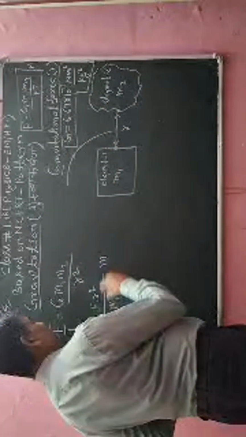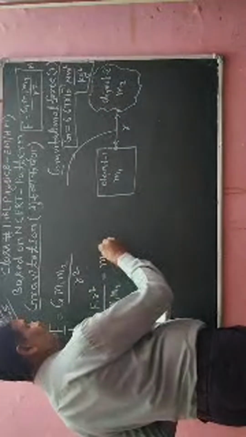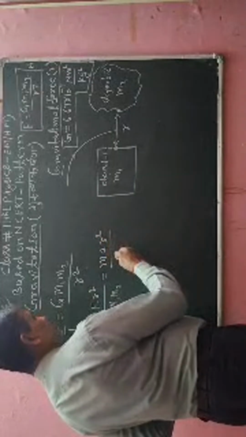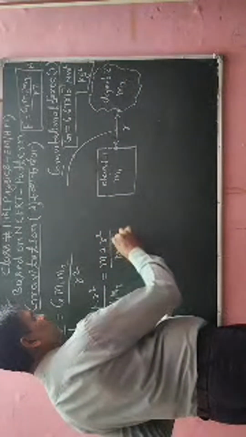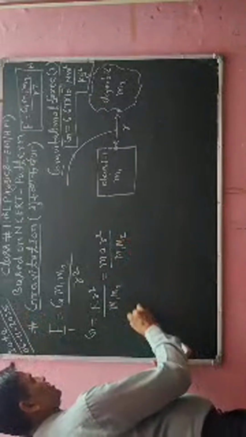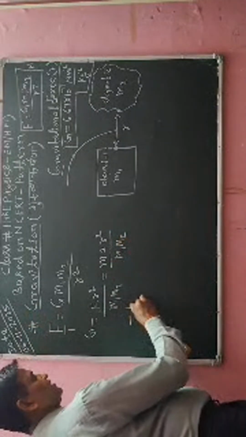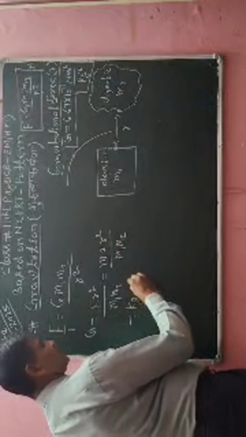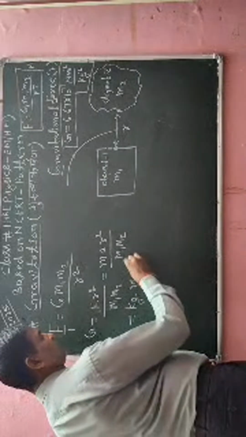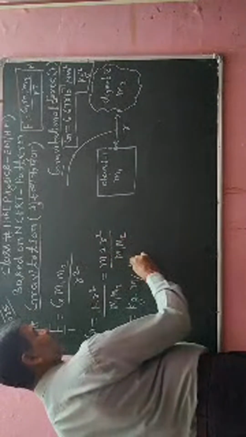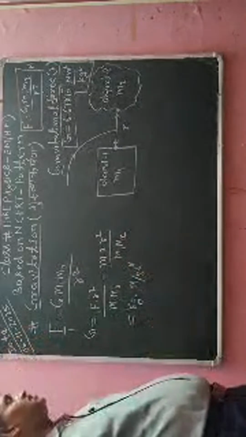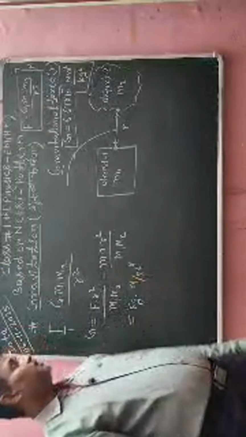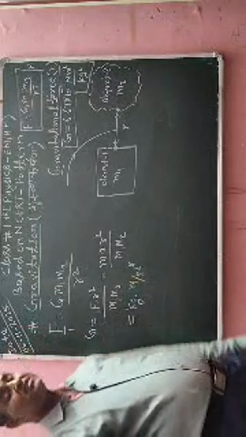So here I will write M into A, where A is the acceleration of the object, and R² divided by M1 M2. This M is measured in kg, so I will write kg, but acceleration has the unit meter per second square. I have to write here meter over second square, and here R is given. R has the unit meter, but here it is squared, so meter squared.